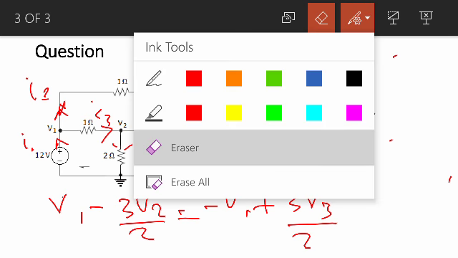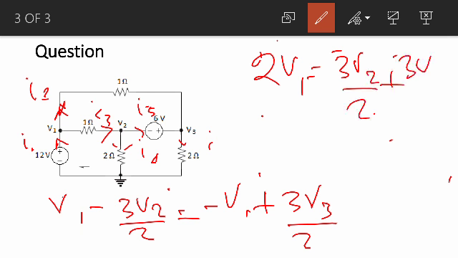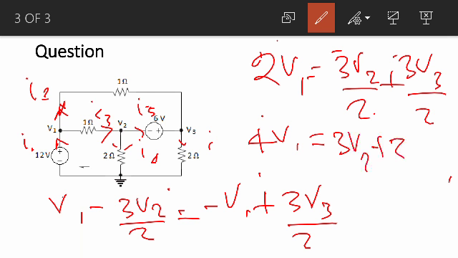Making V1 the subject of formula, we get 2V1 equals 3V2 over 2 plus 3V3 over 2. Multiplying through by 2, we get 4V1 equals 3V2 plus 3V3. Now notice in the diagram that V1 is equal to 12 volts, since that's the only voltage in this arm and there is no resistor.